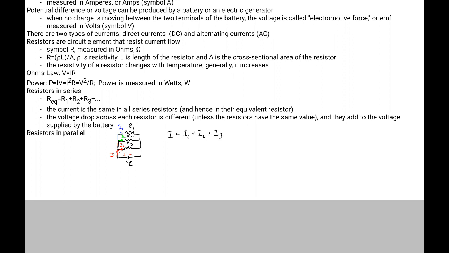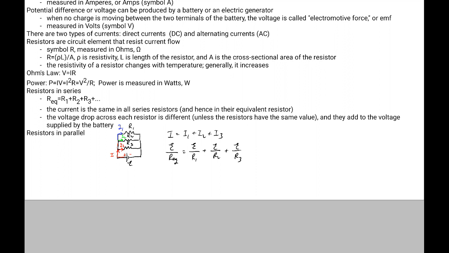And using Ohm's law, solving for I, we get V over R. So then the current given by the battery is the EMF divided by the equivalent resistance of the circuit, and that's equal to the EMF divided by R1 plus the EMF divided by R2 plus the EMF divided by R3.